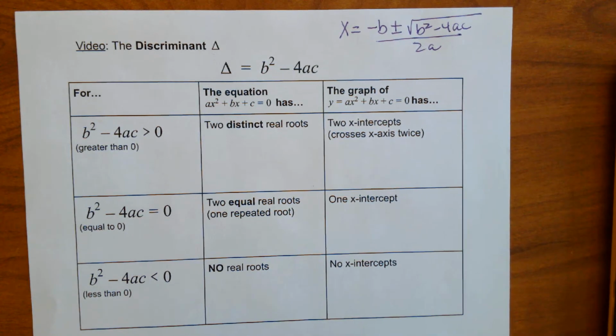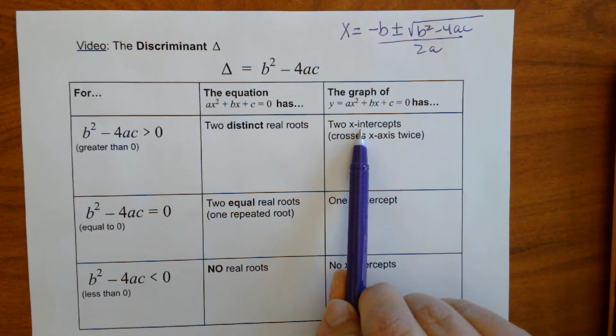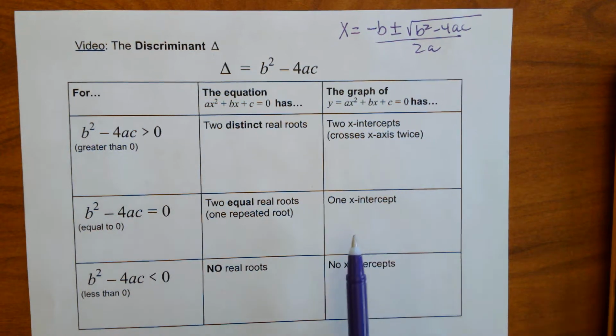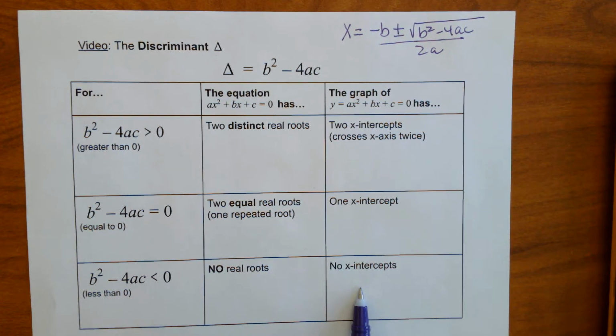So what we're going to learn about today is being able to do the discriminant and seeing if it crosses the x-axis twice, crosses once where it's going to sit, or doesn't cross at all.